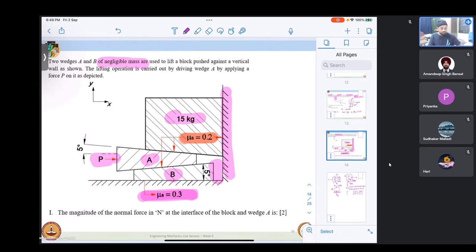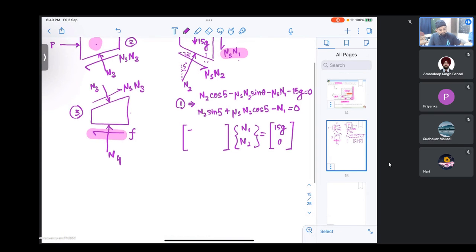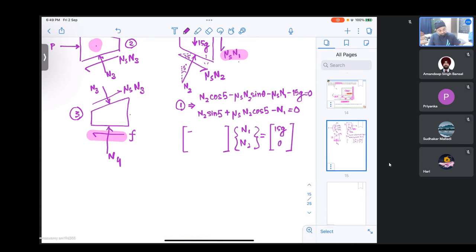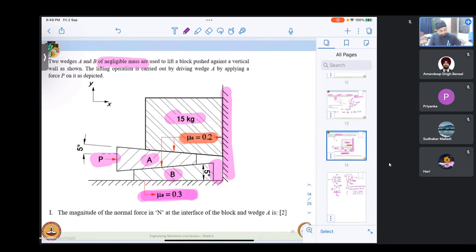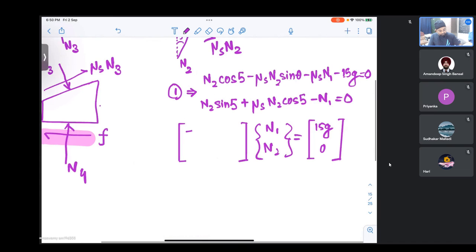So both these we should account for properly when we do our calculations. Okay, so it is nothing but minus N1. So it is minus 0.2.